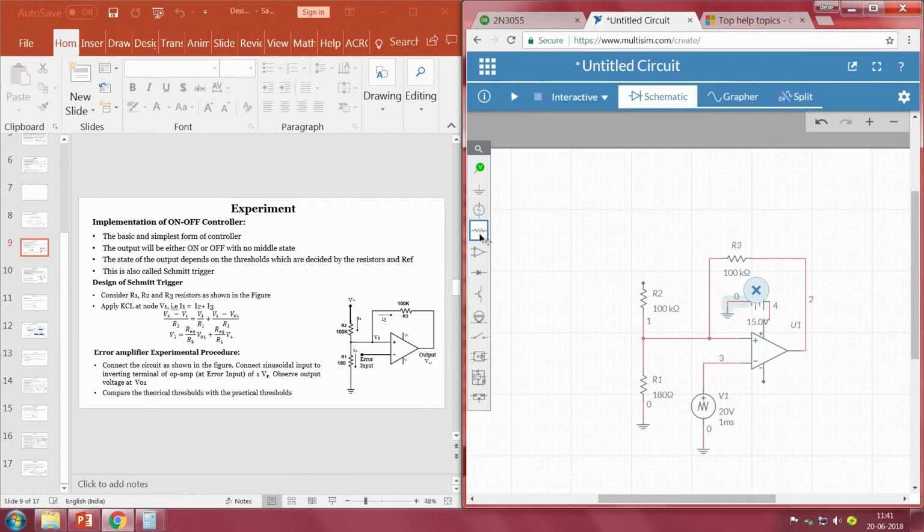I need another voltage source, because for the negative terminal, the negative voltage should be of value 15, and the other terminal should be connected to ground. Another voltage source, DC voltage, let me rotate this.